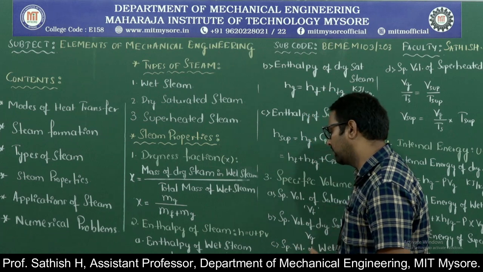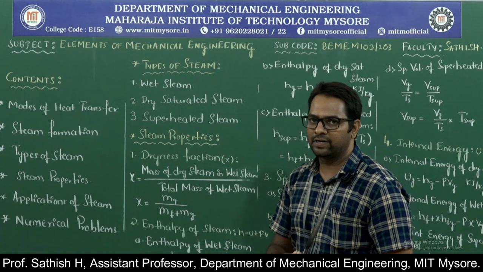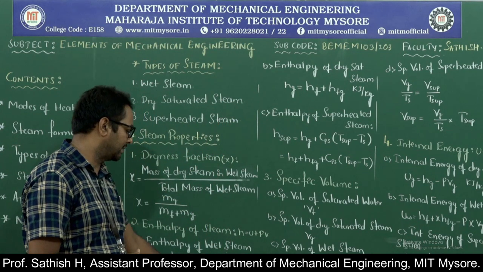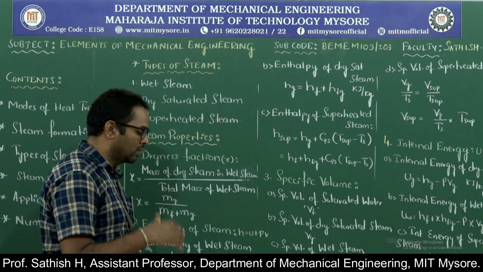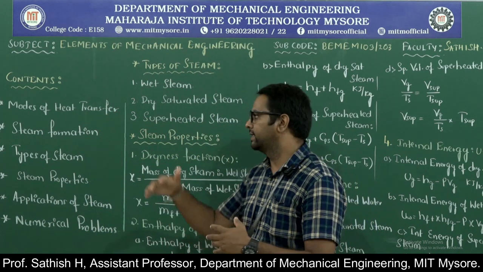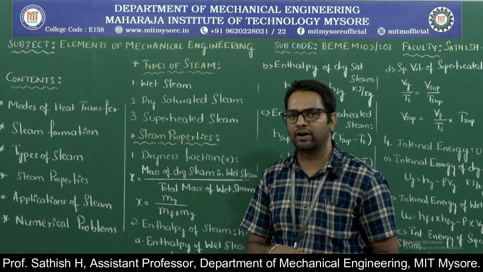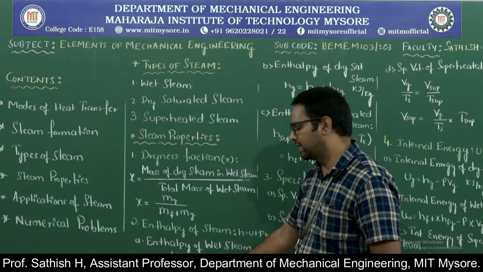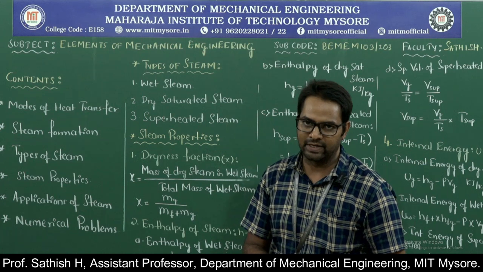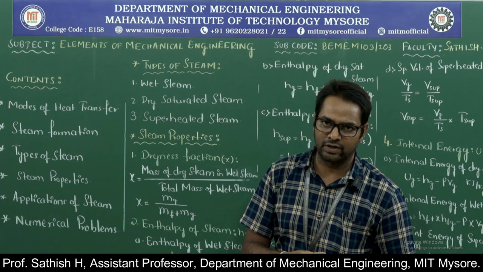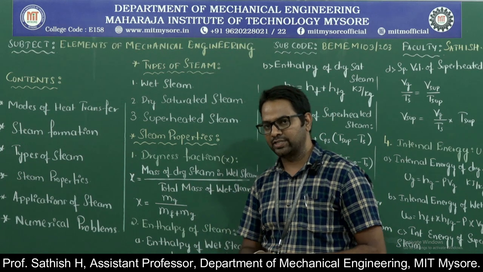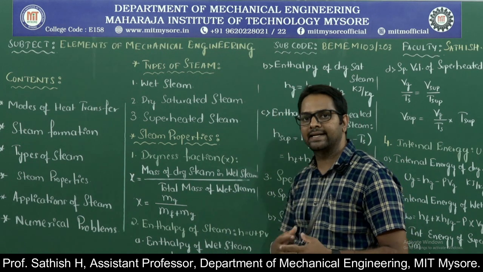There is an equation for the enthalpy of the wet steam, given by Hw is equal to Hf plus x into Hfg. While discussing the temperature enthalpy curve in the previous section on steam formation, we know that Hf is the enthalpy or the sensible heat, that is the amount of heat required to raise the temperature of the water from 0 degree to the saturation temperature, plus x is the dryness fraction.